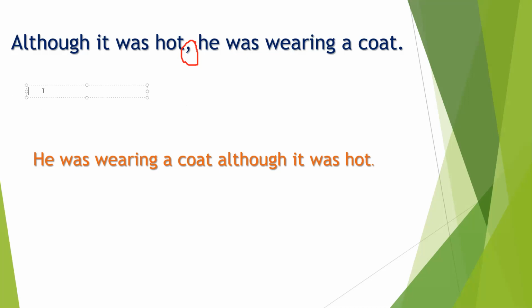Let me give you another example. Because it was raining, comma, I took the umbrella. The same example, but without a comma. And I want you guys to try to think, why am I using commas in these two examples and not using them here?